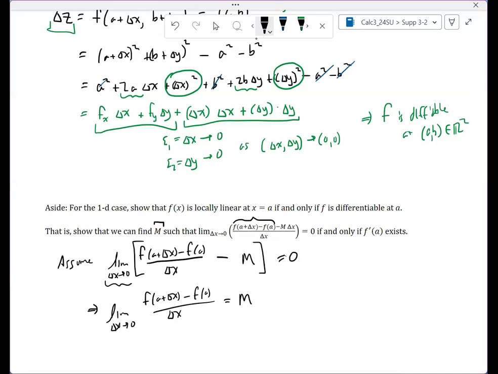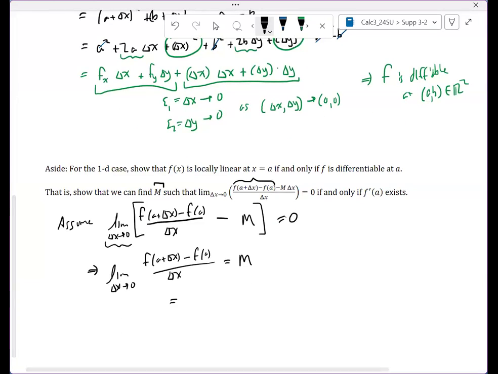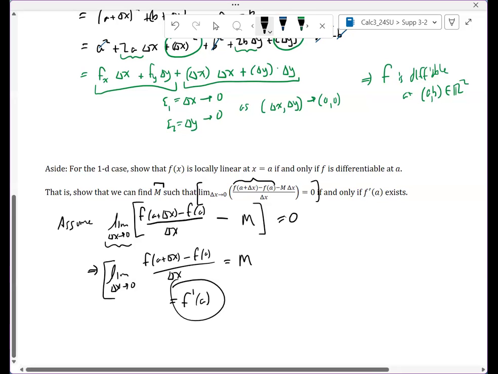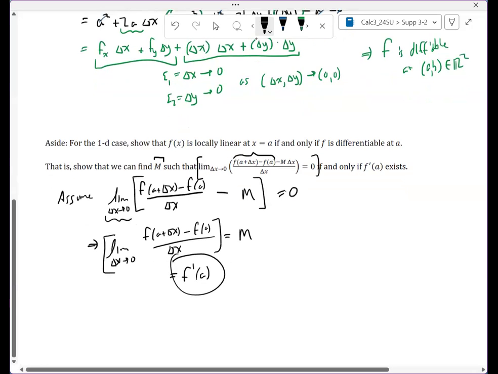This limit exists and is equal to m. And of course, we recognize this limit as f prime of a. So if the original limit exists and equals 0, then f prime of a exists. Then this limit must also exist.